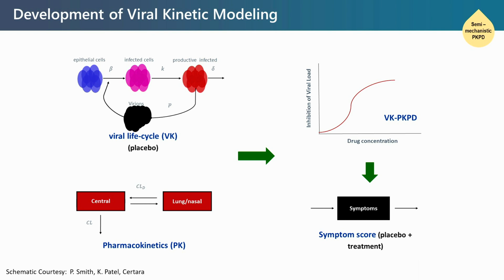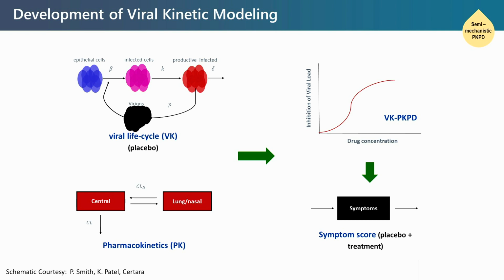In general, if you think about it in simplistic terms, you have a group of cells, the epithelial cells, which get infected at a rate of beta, and those cells become productive infected cells with a high capacity for infection, using another rate constant K, with a clearance rate constant of delta, but also the productive infected cells being converted back to the cycle to virions through other rate constants P. Now that's the viral cell cycle.